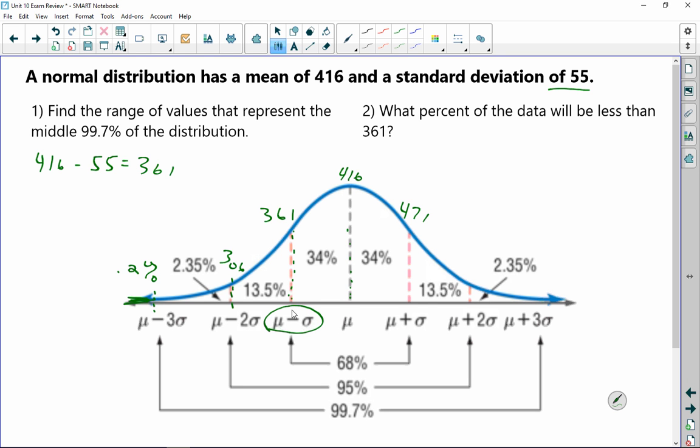You add 55 to it. 471. My next line would be how much? 526, okay.